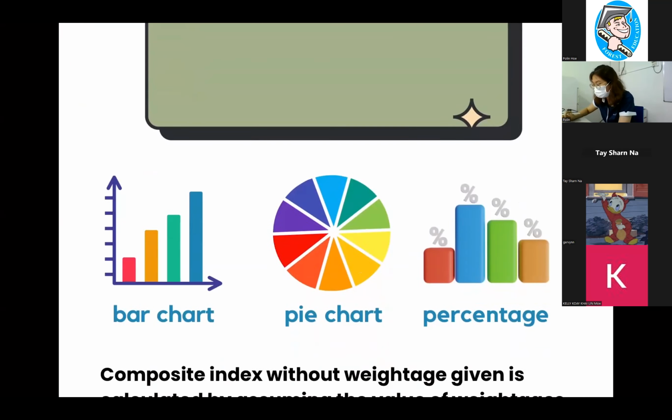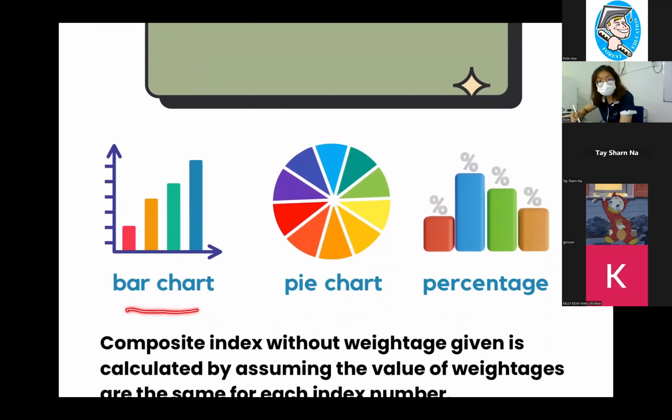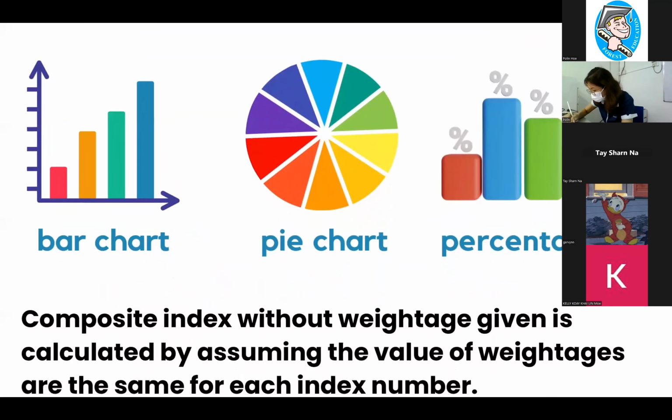And weightage will be given either in bar chart, 会给你是 bar chart, 或者是 in pie chart, or in percentage. You need to remember total angles for pie chart 是 360 degree. And then for percentage total is 100%. 总共是100%。这个是360度 and then for bar chart, you just read the value here.